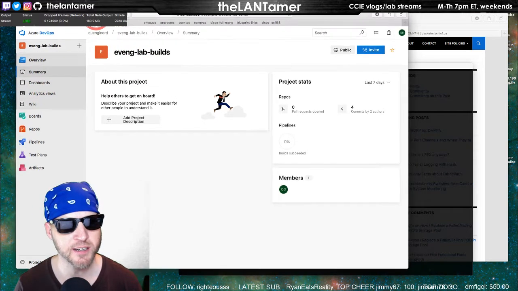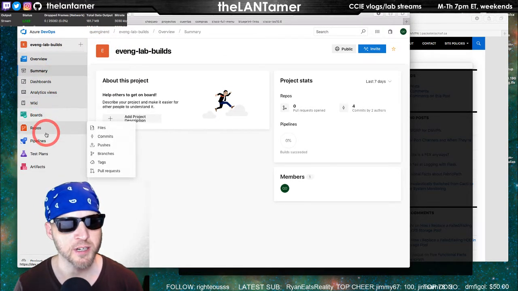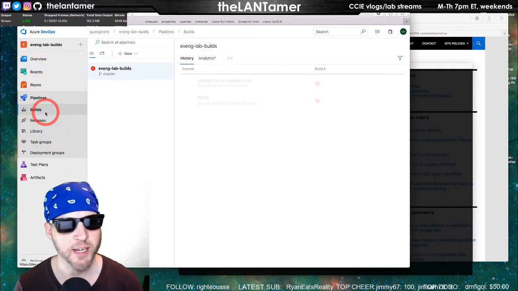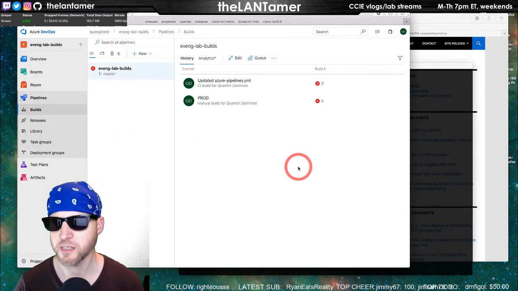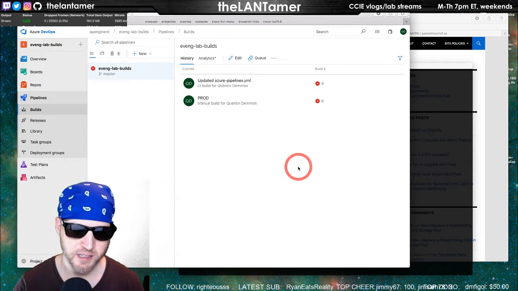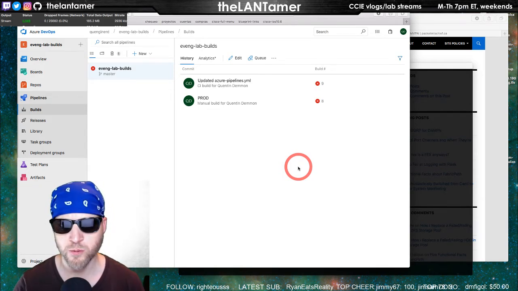The first time I built the pipeline and ran it, it deployed my VM just fine, with the exception that the firewall rule was allowing anyone to SSH into my new Ubuntu VM, which I did not want.